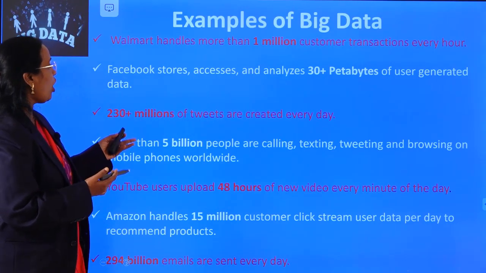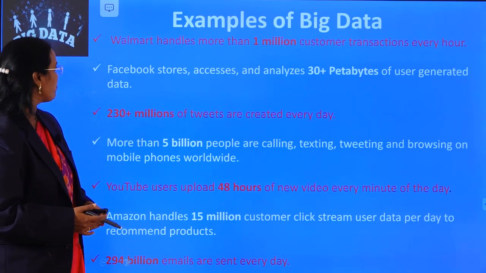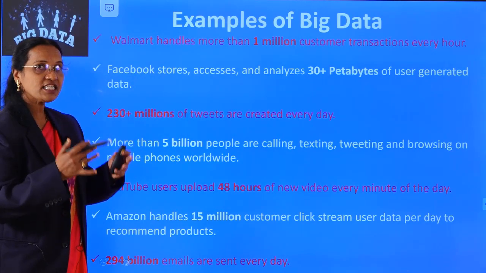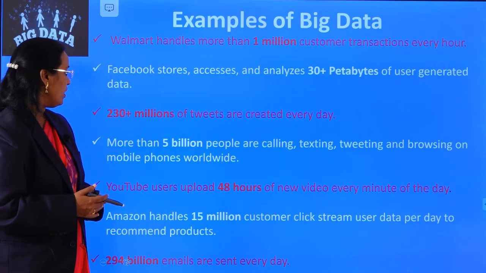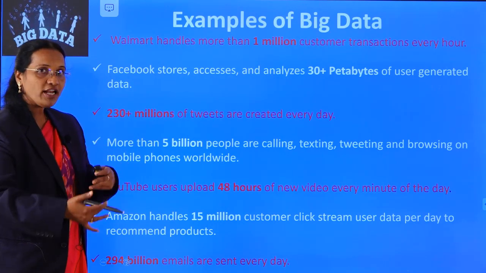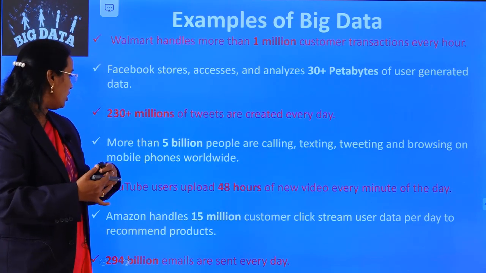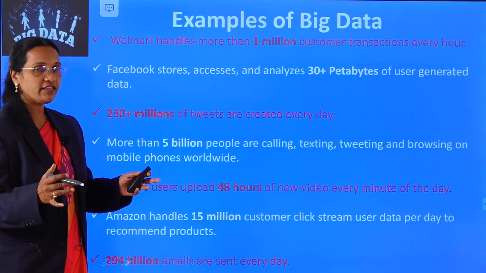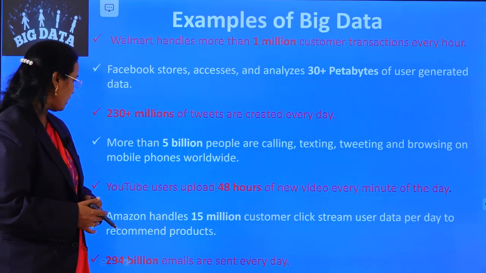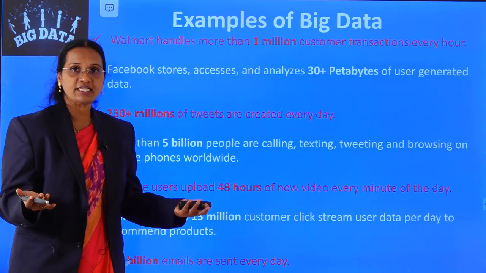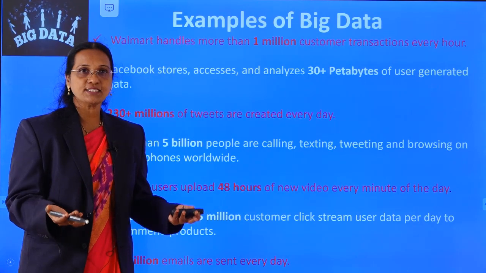You can see how Walmart is generating big data, how Facebook is generating big data, how Twitter is generating big data. Whenever we are making a call, whenever we are texting, whenever we are browsing, all these things are also generating a large amount of big data. YouTube is also generating big data. We used to teach classes offline.